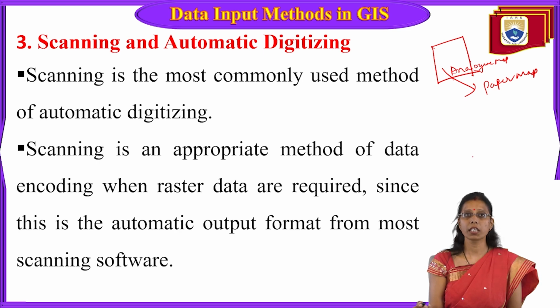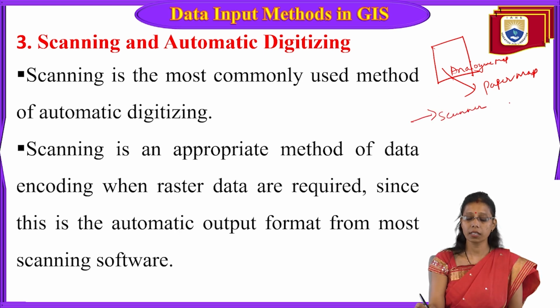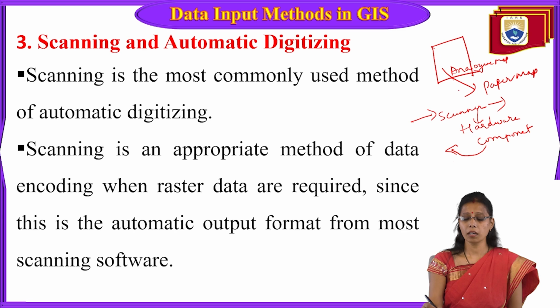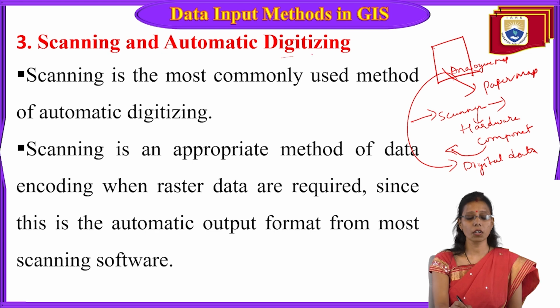If you want to use this data in GIS, we use a scanner. Scanner is one of the hardware components, and through scanning we are converting the analog information to digital data. So this is scanning and automatic digitizing.